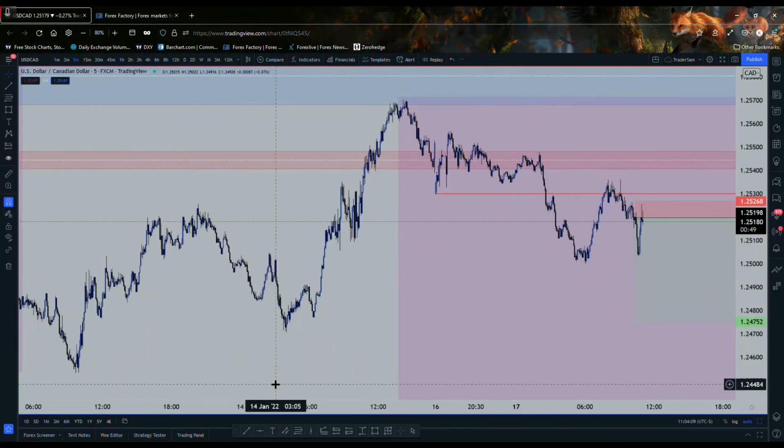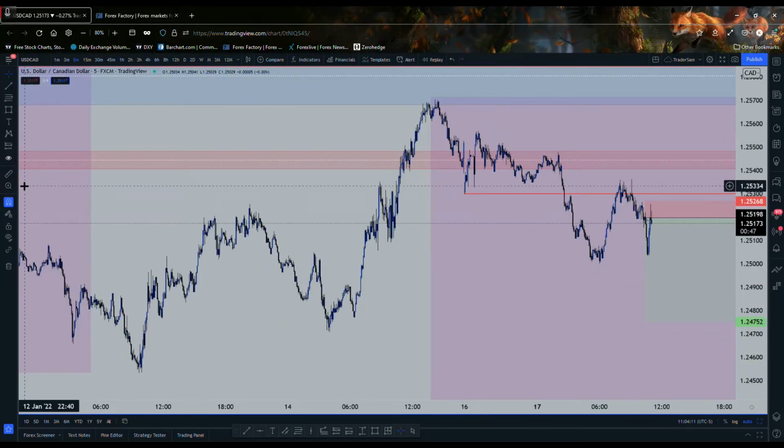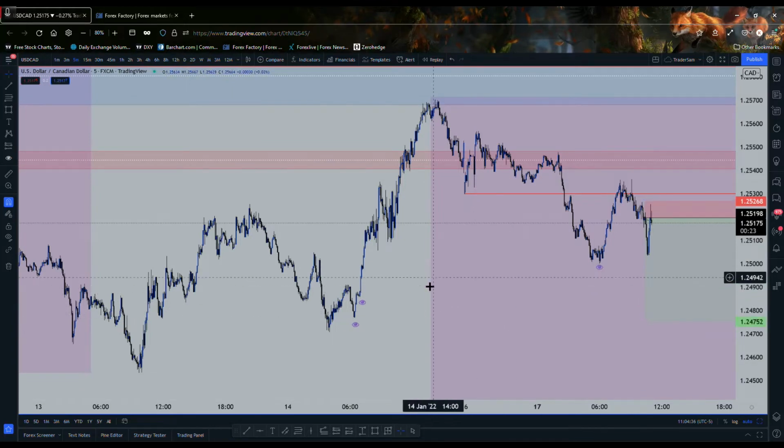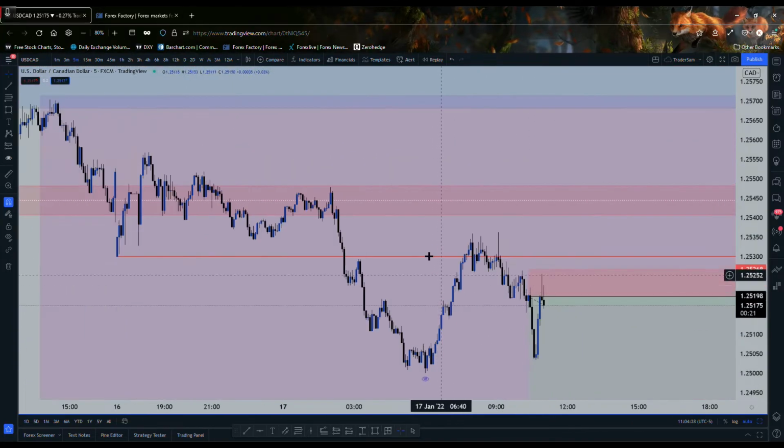So my target profits are right here, right here, right here. So below this low, below here, and right here. These are my profit targets. So let's see what happens.